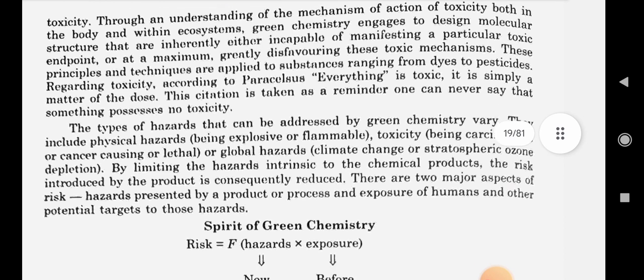Through an understanding of the mechanism of action of toxicity both in the body and within the ecosystem, green chemistry engages to design molecular structures that are inherently either incapable of manifesting a particular toxic endpoint or greatly disfavoring these toxic mechanisms. These principles and techniques are applied to substances ranging from dyes to pesticides.